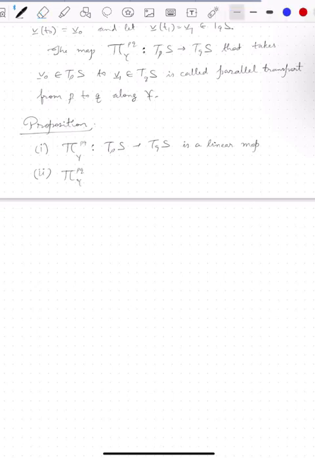And pi PQ gamma is an isometry. That is, it preserves lengths and angles. Right? So with this, we finish the first fundamental form and second fundamental form part.